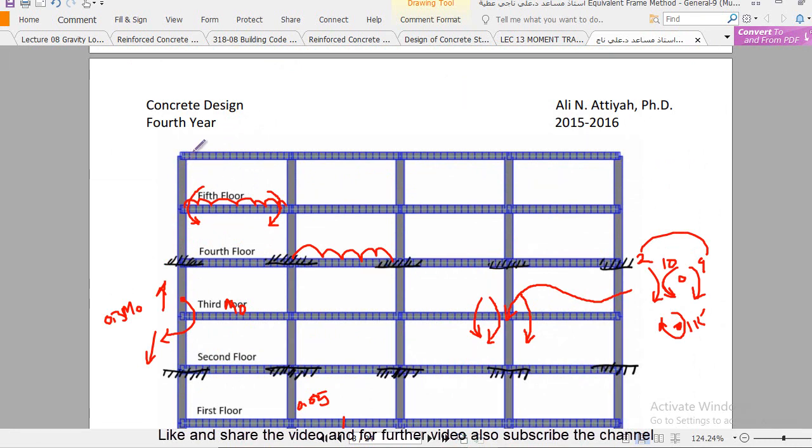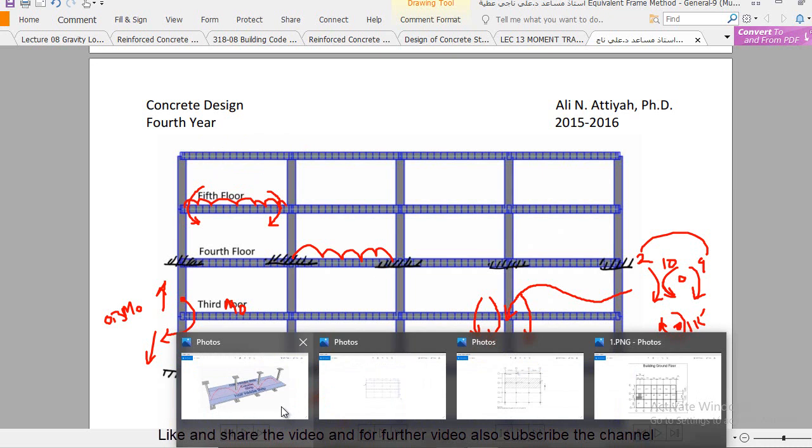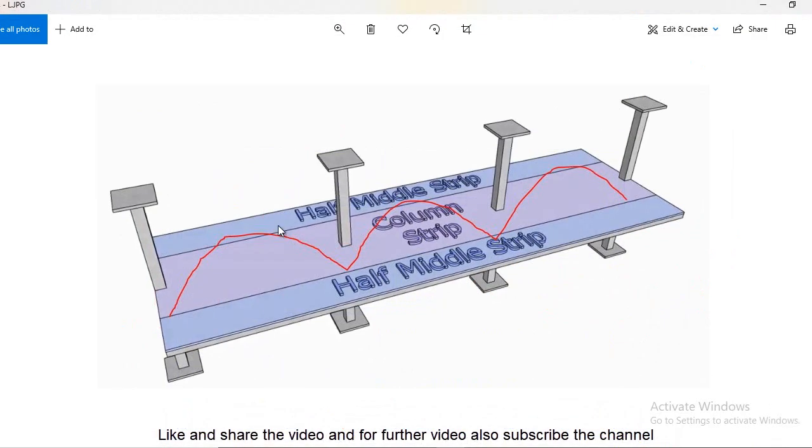At the exterior column, we have to first longitudinally distribute the moment, and once we longitudinally distribute the moment, then we transversely or laterally distribute the moment. For longitudinal distribution, in the equivalent frame method we got these longitudinal moments directly, but in the direct design method we have to find these longitudinal moments by using the coefficients.